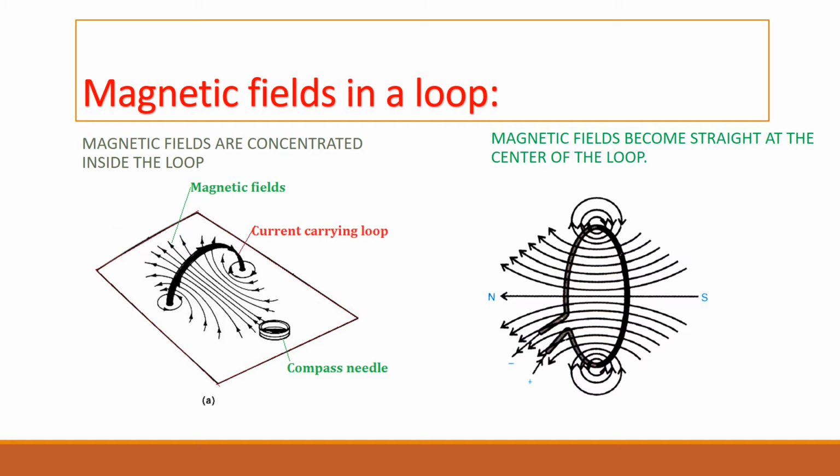The same applies to figure B. The keynote here is for you to know that magnetic fields inside the loop are very many, and on the wire they form concentric circles, as you can see. So if you draw one concentric circle on the wire and then many fields inside the loop, then you'll be very correct. Asante.